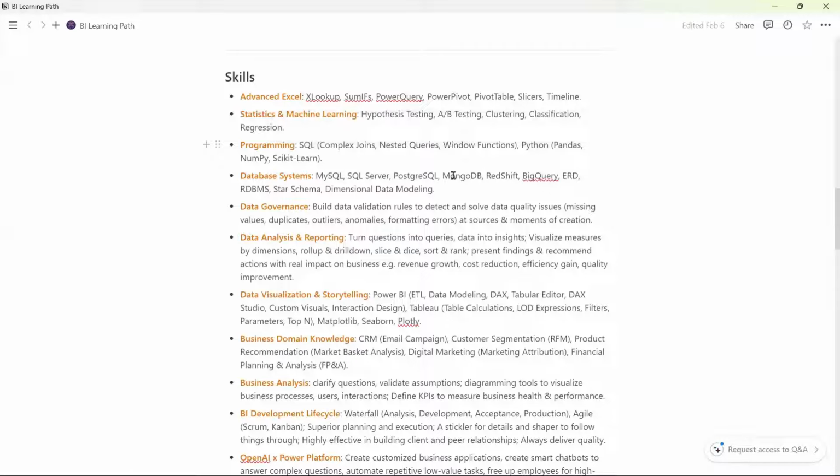So SQL is both a database and a programming language to communicate with that database. That's the reason why people sometimes say, oh, why do you have SQL here and here? Oh, that's because SQL is both a database system and a programming language to communicate with that database system. All right. So you need to mention programming SQL and Python.